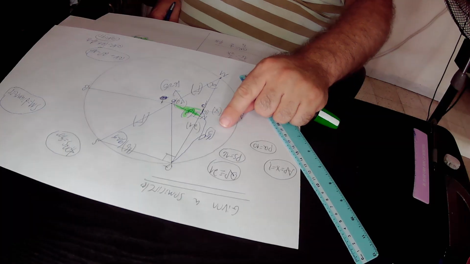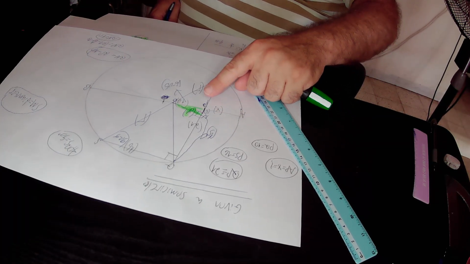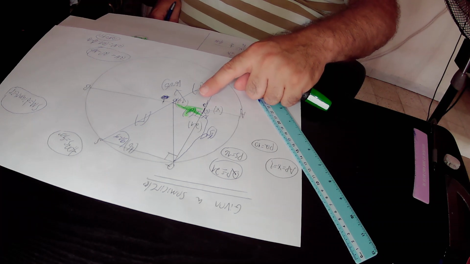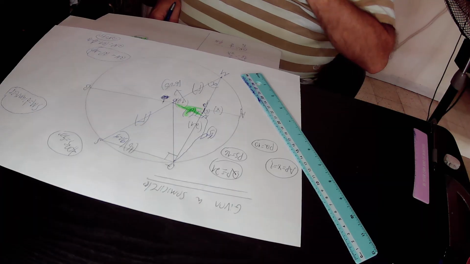Actually, QN equals 15 units in its length, NO equals 8 units in its length, and only the hypotenuse QO is the missing side.